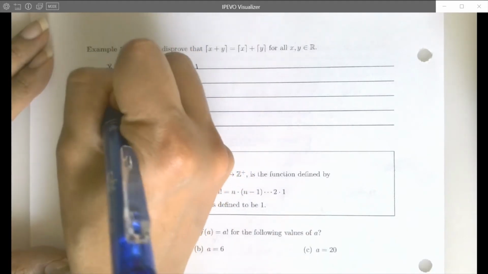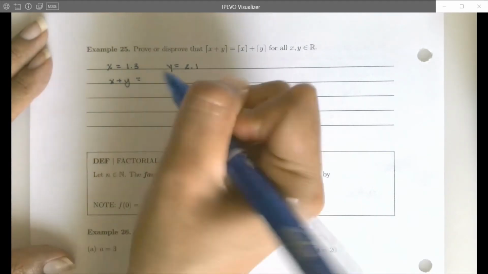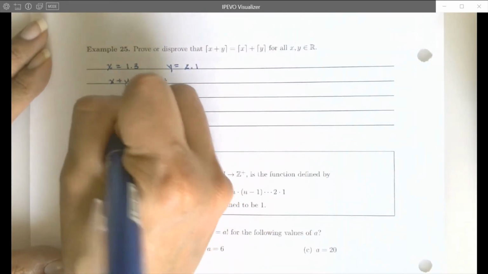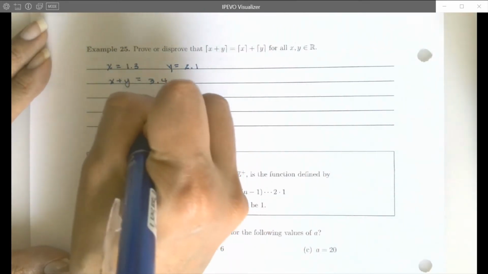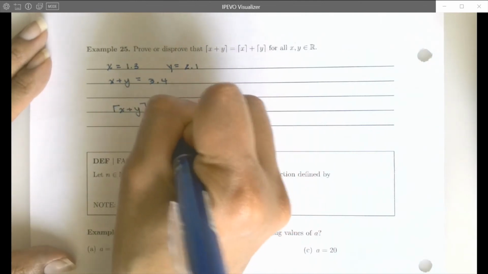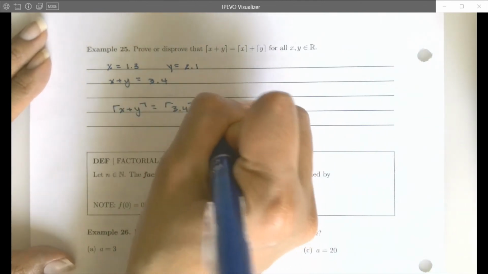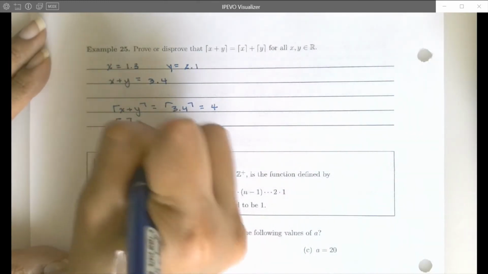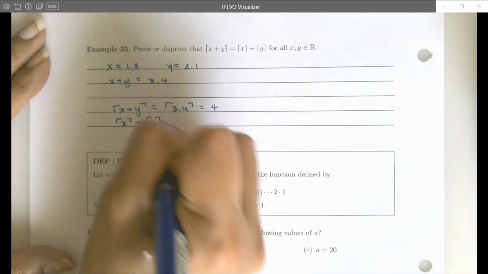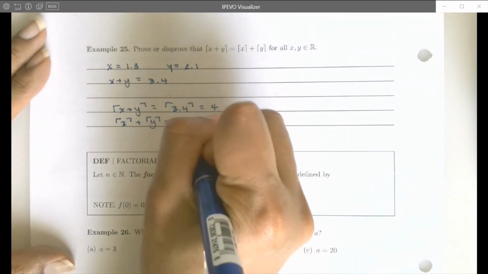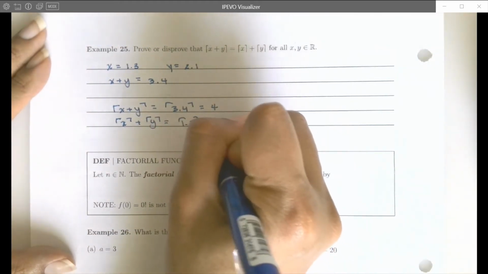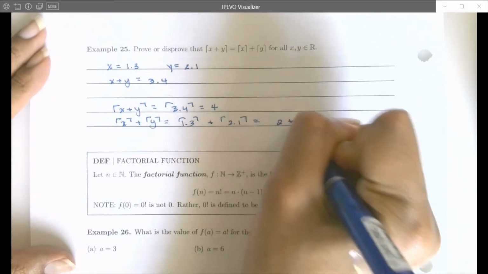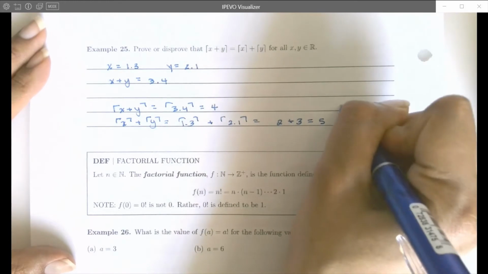So if we take the sum, we're going to have 3.4. That means that the ceiling of x plus y will be the ceiling of 3.4, which is 4. And then if we take the ceiling of x plus the ceiling of y, well, that's going to be the ceiling of 1.3 plus the ceiling of 2.1, and that'll be a 2 plus a 3, which is equal to 5.